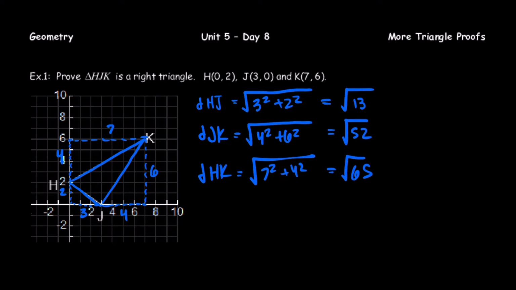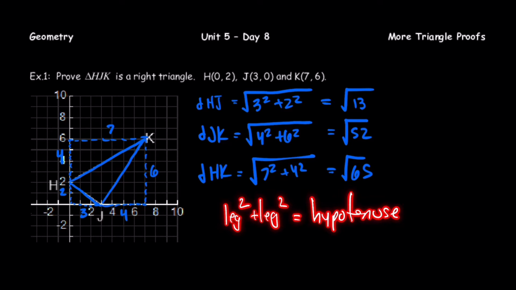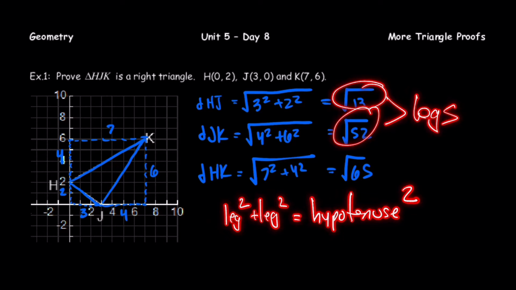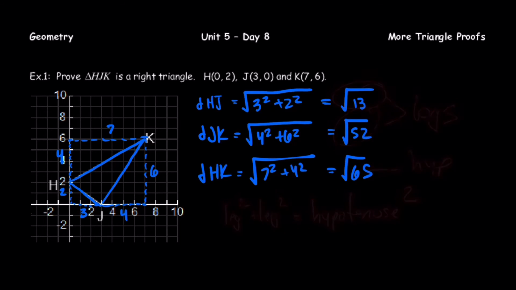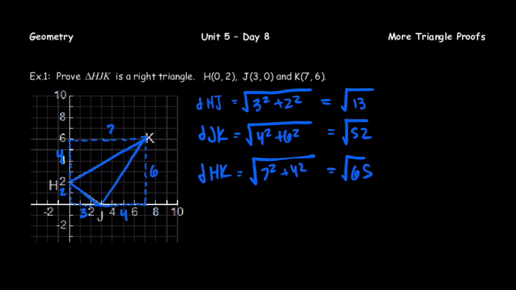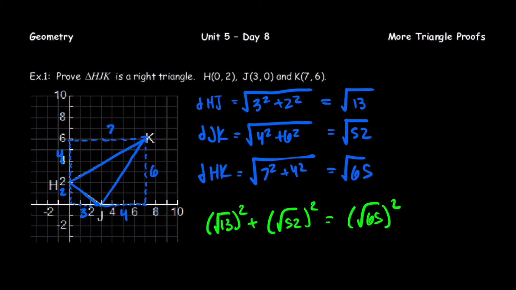So now, what I have to show is that leg squared plus leg squared equals hypotenuse squared. Here are my two legs, and there's my hypotenuse. So let's throw that into the formula. I like to use parentheses: (square root 13) squared plus (square root 52) squared equals (square root 65) squared.